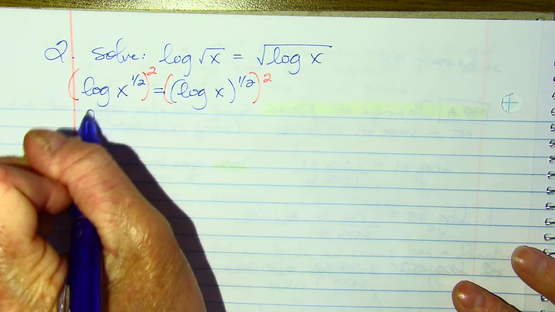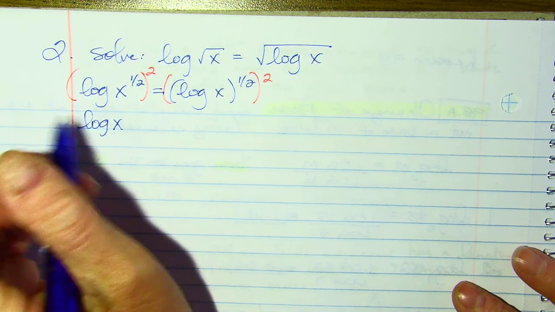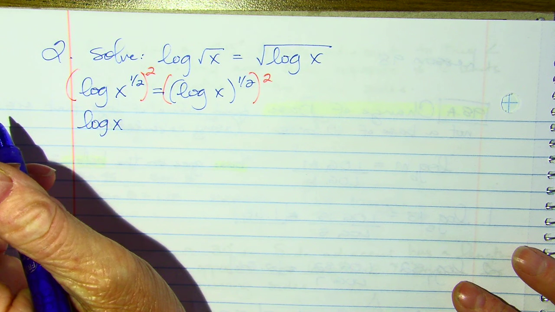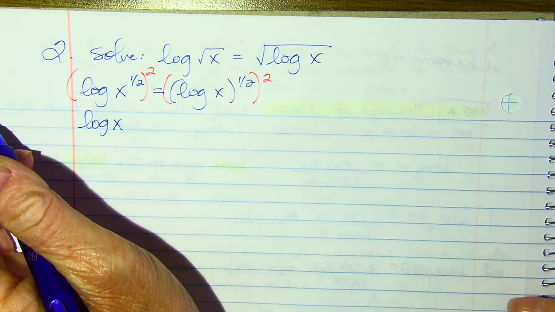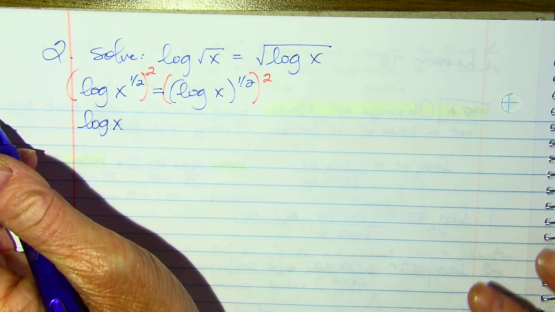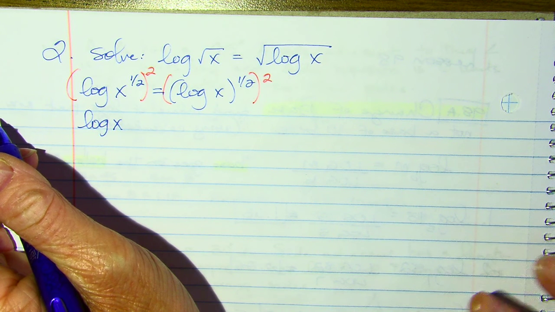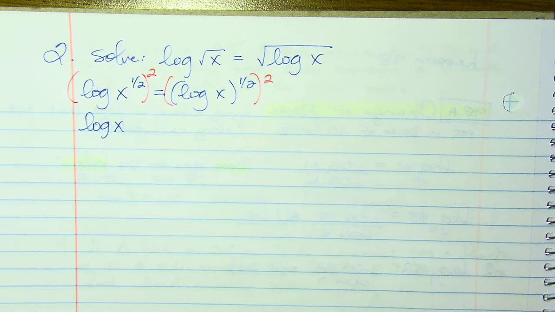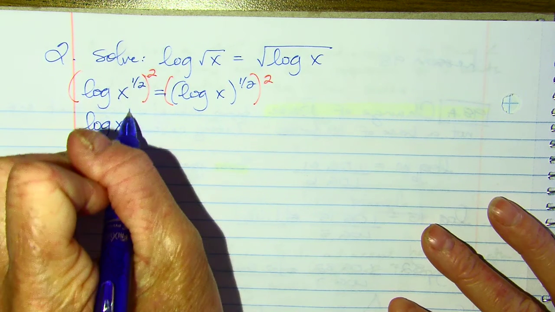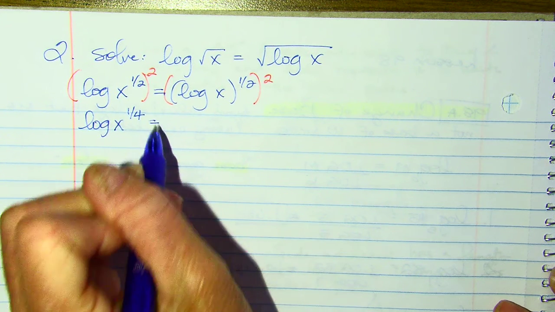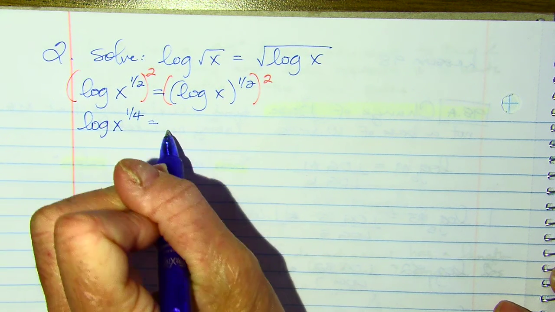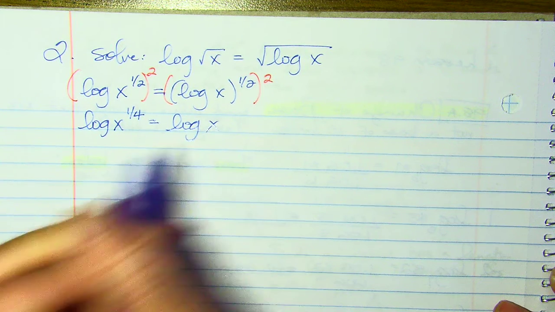So this leaves me with the log of x to the, hold on, that would be x to the 1/4, because this is 1/2 squared, and this would equal log of x.